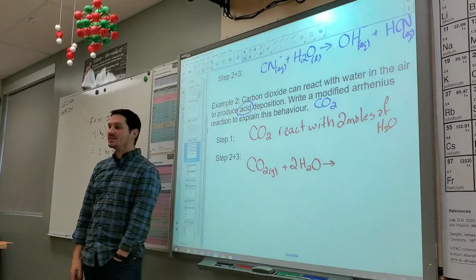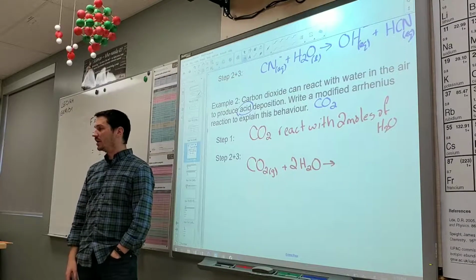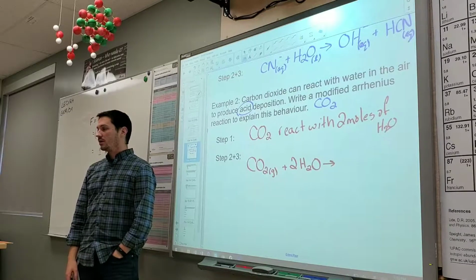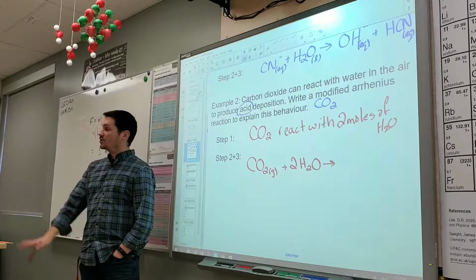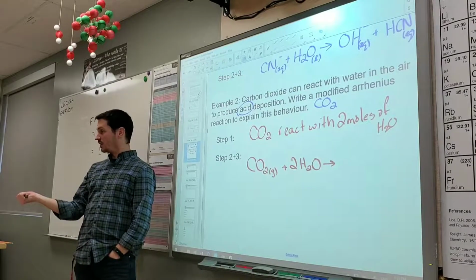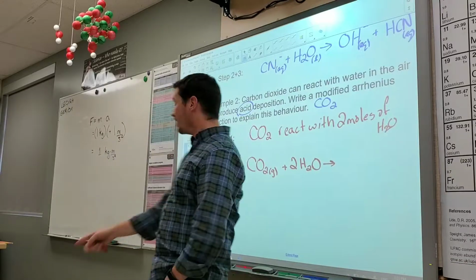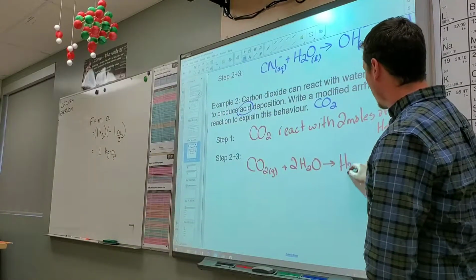And because this thing contributes to acid deposition, what chemical are we going to make? We're going to make hydronium, right? H3O. Do you agree with me that acids contain hydronium? So in order for this thing to make an acidic solution, it has to make hydronium.